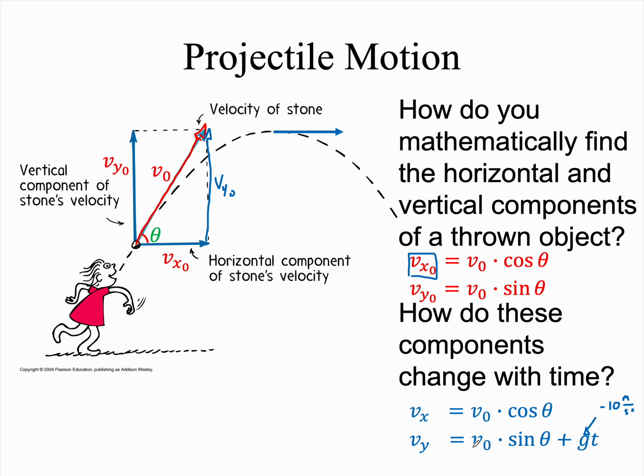And so you simply end up with this. This is the initial vertical velocity. This is the initial horizontal velocity. And so the horizontal velocity at any given time is just equal to the initial. The vertical velocity at a given time is equal to the initial vertical velocity minus, well, or plus negative 10 times t.